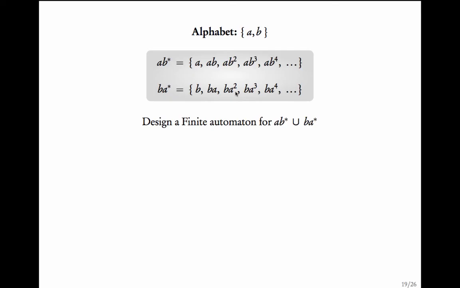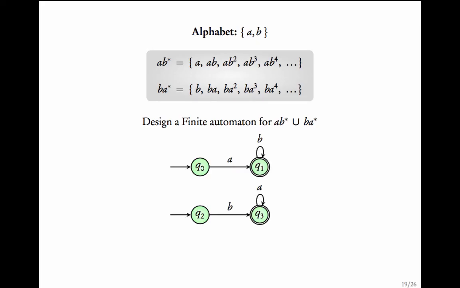Let us look at the same language and construct a different automaton for this. This entire thing with 4 states is one automaton. However, here we have 2 initial states. Either you can start from here or you can start from here. If you start from here, you will read AB star.